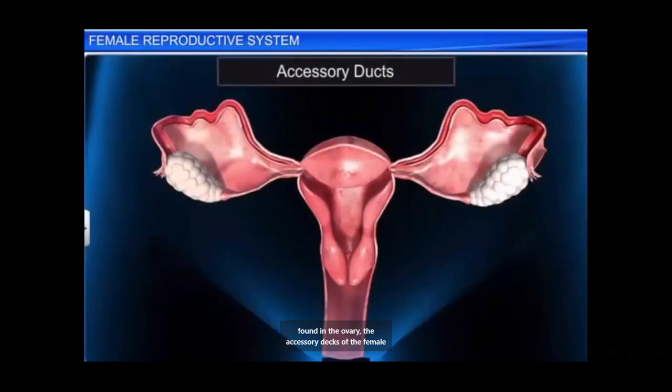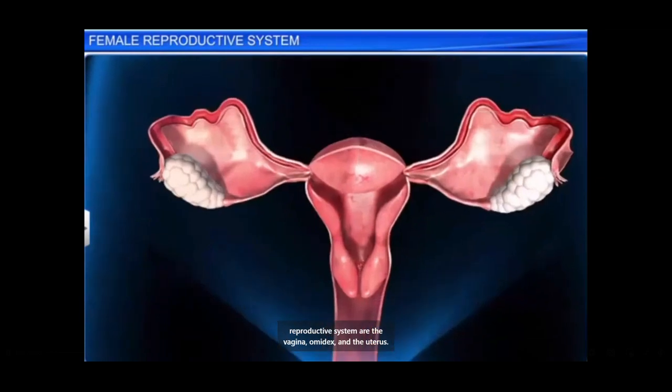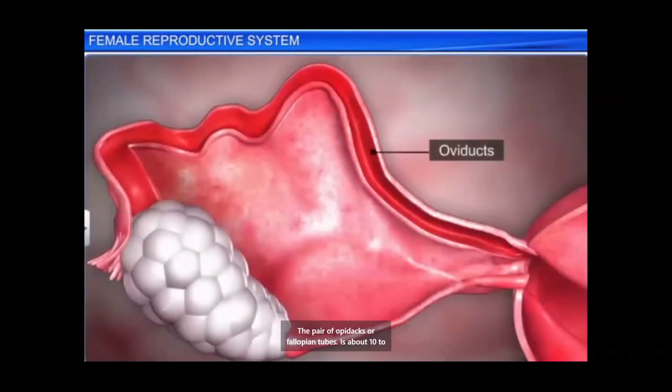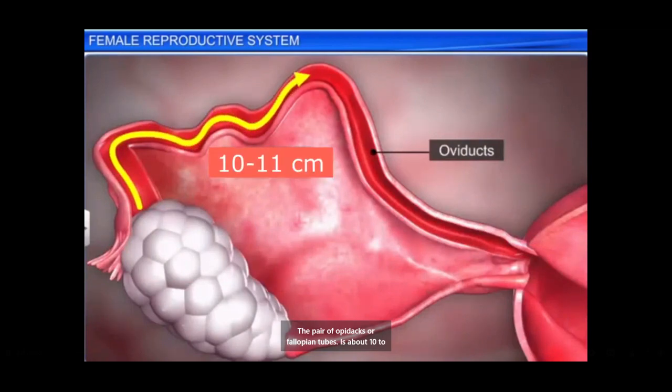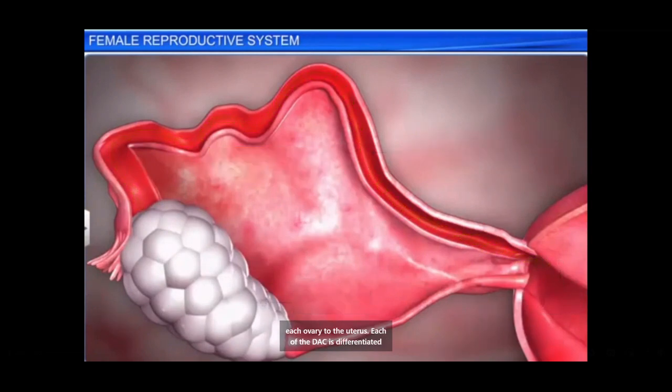The accessory ducts of the female reproductive system are the vagina, oviducts, and the uterus. The pair of oviducts, or fallopian tubes, is about 10 to 11 centimeters long and extends from the periphery of each ovary to the uterus.